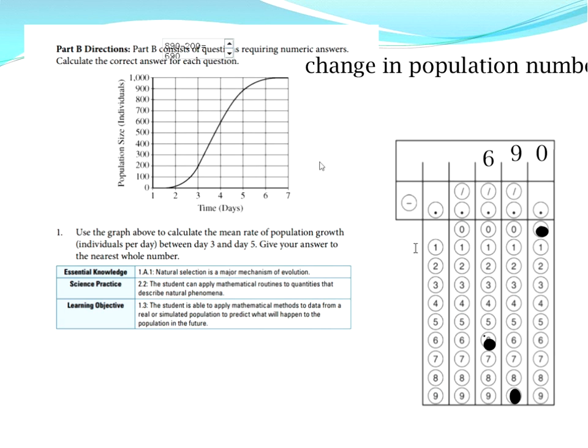But we also have to do change in time, which in this case was 2 days. 5 minus 3 is 2 days. So you have to then divide the 690 by 2 to get 345 as our mean rate of population growth.